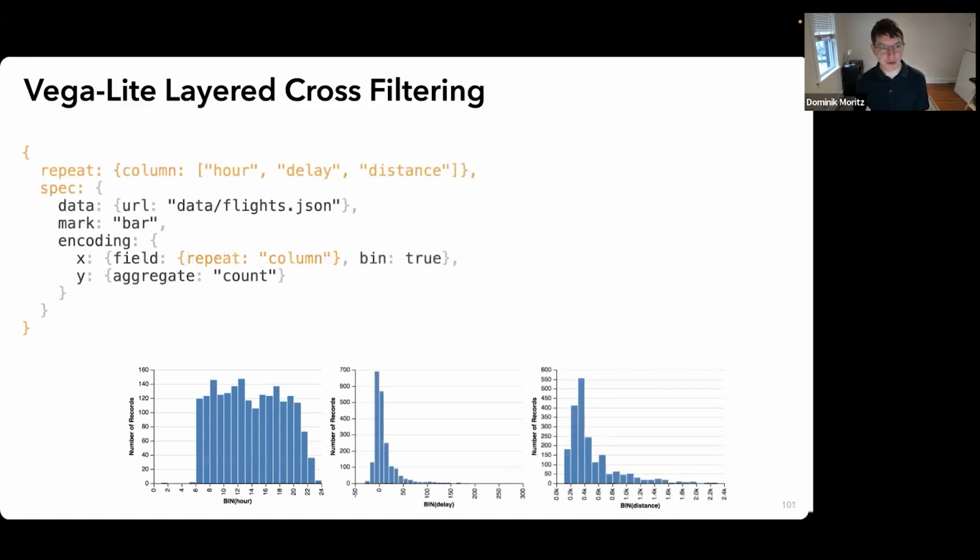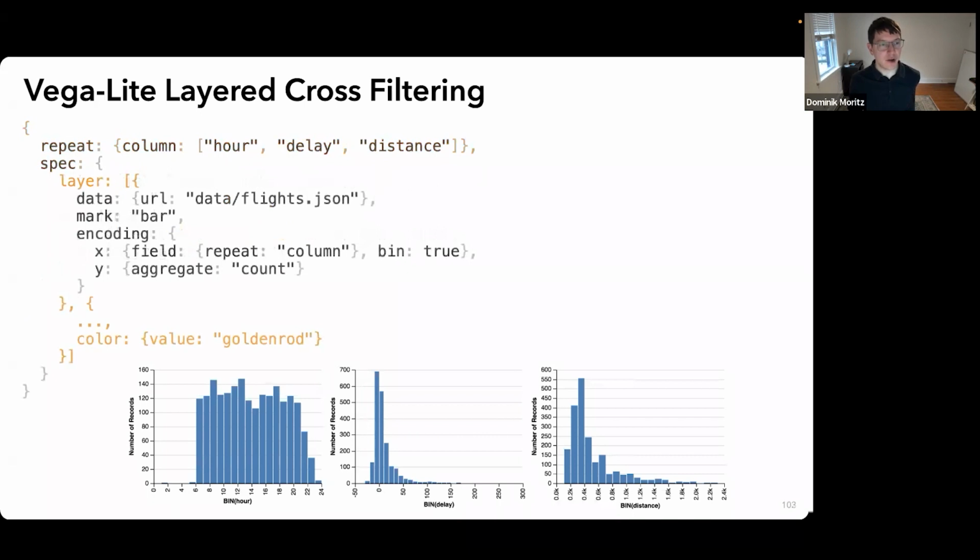We can use repeat to create three of those charts, one for the hour, one for the delay, one for the distance flown. And now we add a layer just to show which data we might be focusing on using this gold. So just two layers of the same data on top of each other, blue and gold on top.